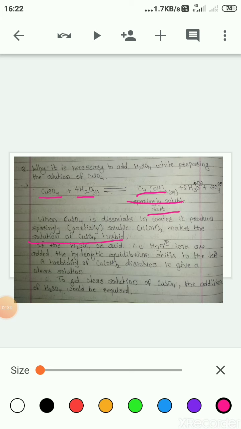And to clear the solution, if we add H2SO4 or any acid to the solution, it shifts the equilibrium towards the left, and therefore the turbidity of cupric hydroxide dissolves to give a clear solution, and therefore it is necessary to add acid, any acid or particularly sulfuric acid to the solution.